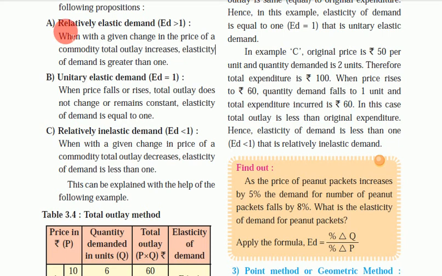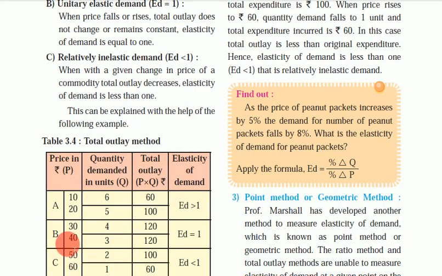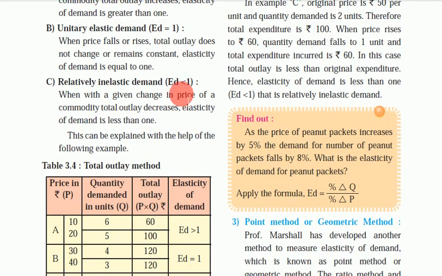In the total expenditure method, it is called relatively elastic demand. And when, due to change in the price, total outlay is equal, there is no change in the total expenditure, then we will say elasticity of demand is equal to 1, and it is called unitary elastic demand.